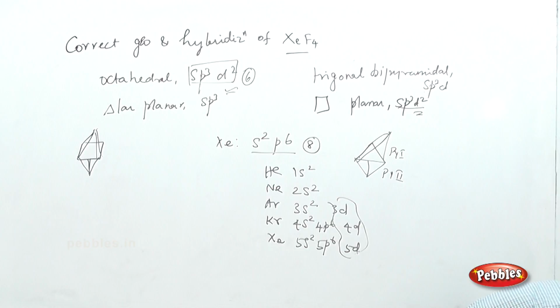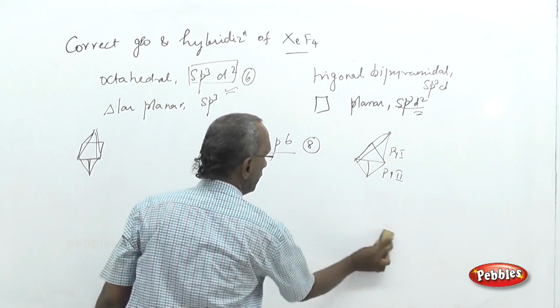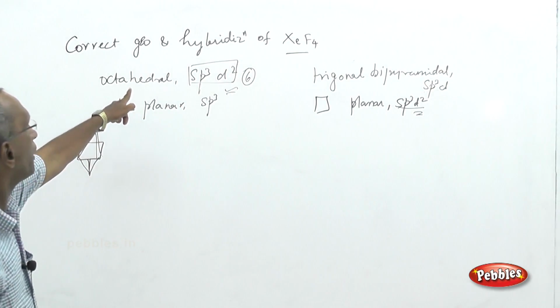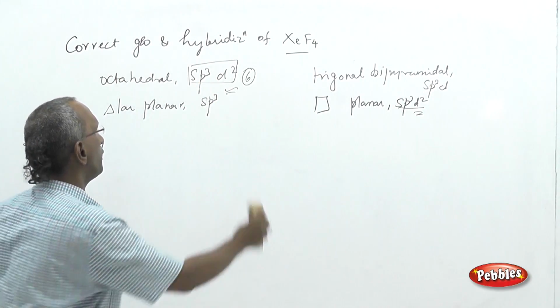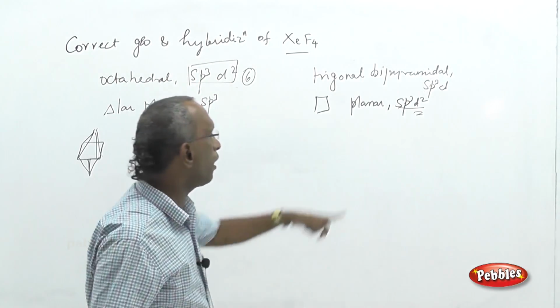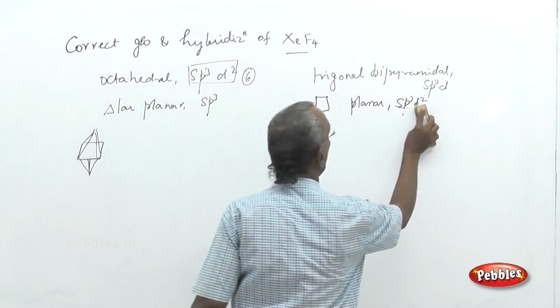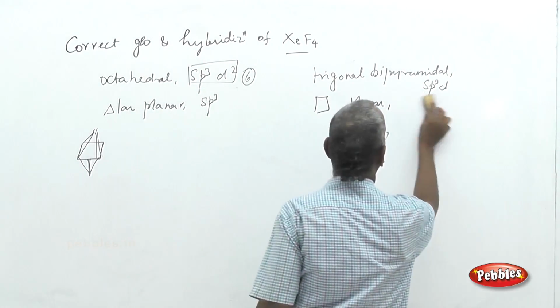The presence of vacant d orbitals makes the hybridization take a different structure. If the d orbitals have electrons in them, it may result in an octahedral structure. If the d orbitals are vacant, such vacant d orbitals may hybridize to form a square planar structure.